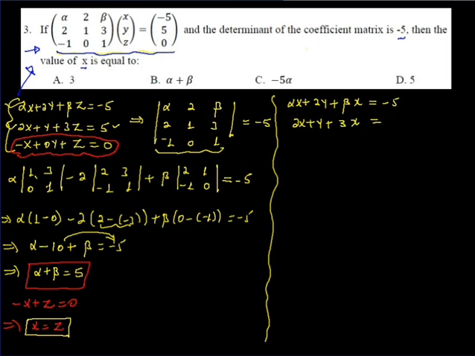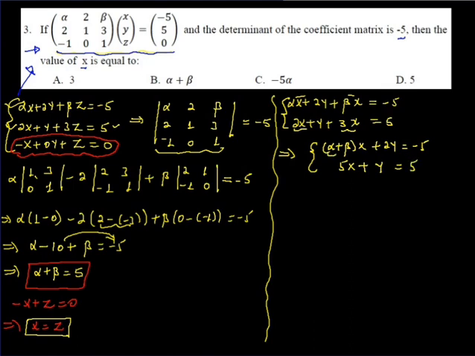So we can rewrite this system like this: alpha plus beta times x, this x is common here, plus 2y is equal to minus 5, and here 2x with 3x, it's 5x, 5x plus y is equal to 5.